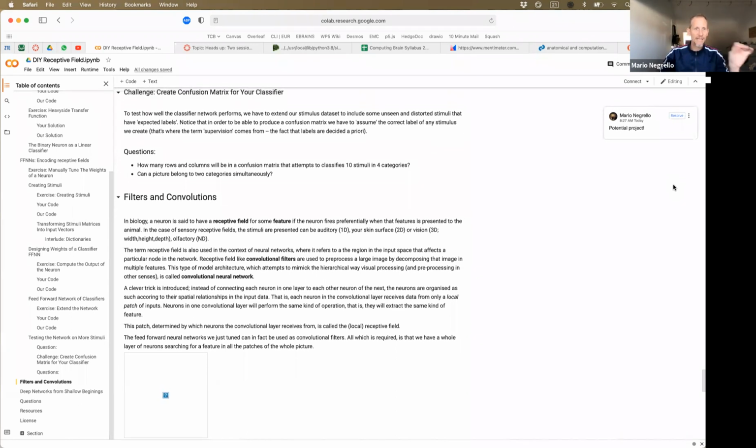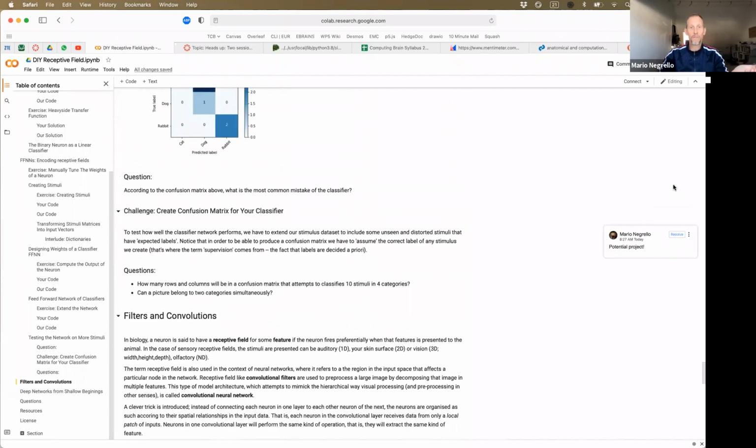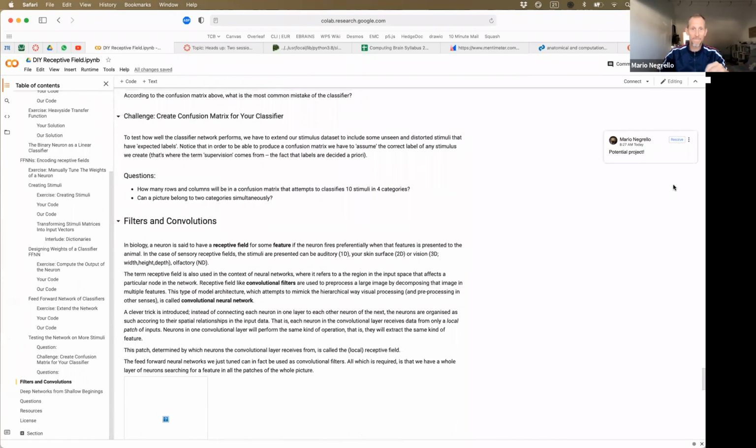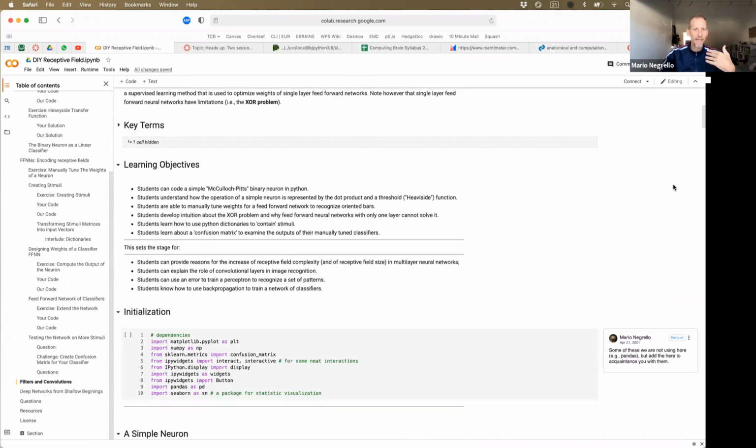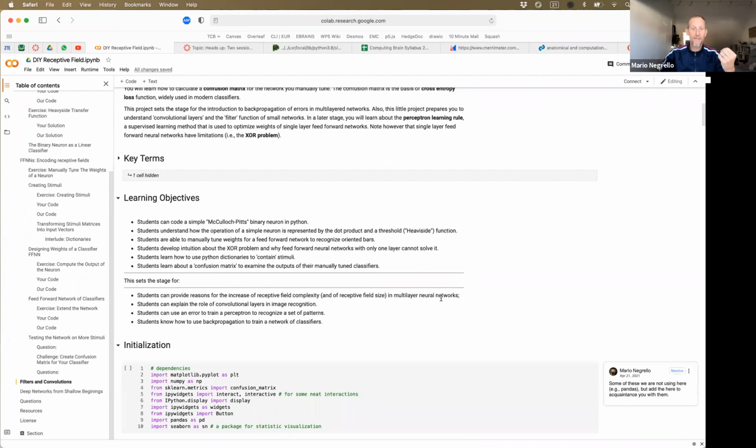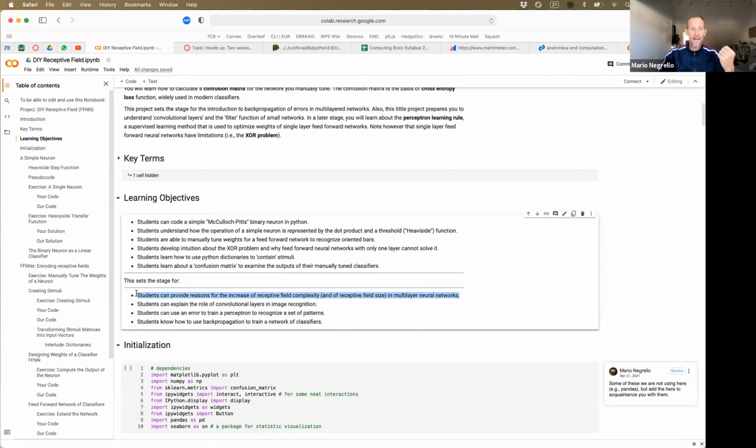That's the idea that I tried to convey in the filters and convolutions motivation paragraph, if you like. This is why, in the learning goals, I have written that this sets the stage for things like the processing hierarchy, such as the increase of the receptive field complexity and receptive field size in multi-layer neural networks, which we will be talking about also in the lectures by Josh White.